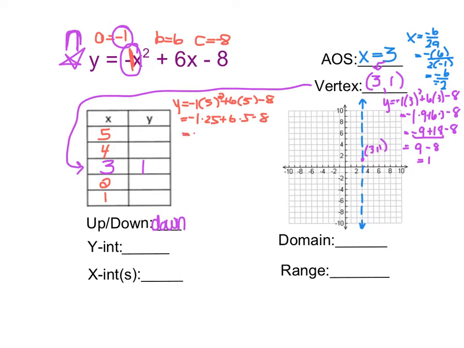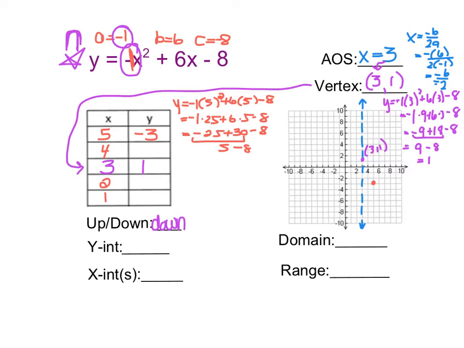So that turns into a negative 25 plus 30 minus 8, which then becomes 5 minus 8, which becomes a negative 3. So I know that when x is 5, y is a negative 3.